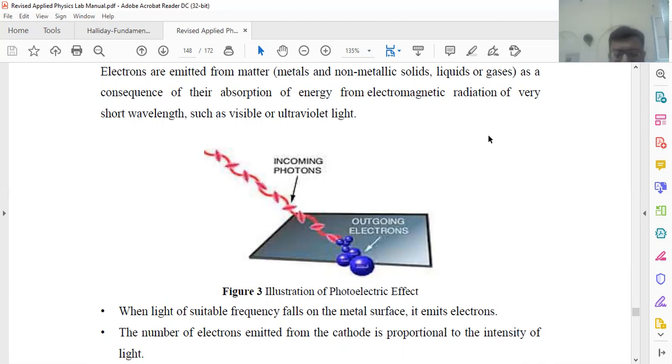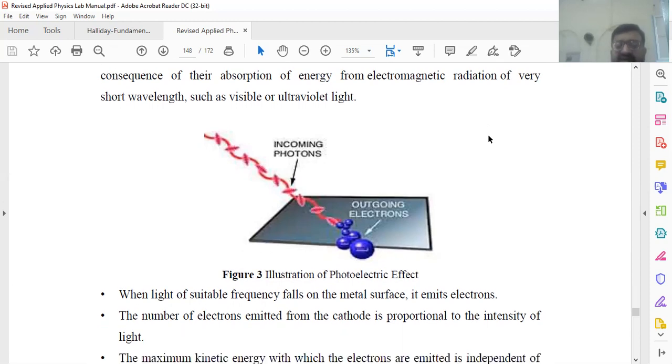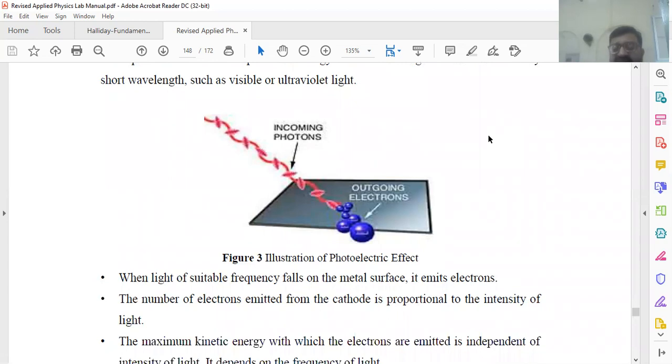If you change the material, and some material is ejecting electrons with yellow light, then there is a possibility that another material may not emit electrons with that wavelength, yellow color. So here you may have to change the frequency, may have to change the light. Maybe that material requires more energy to eject the electron.